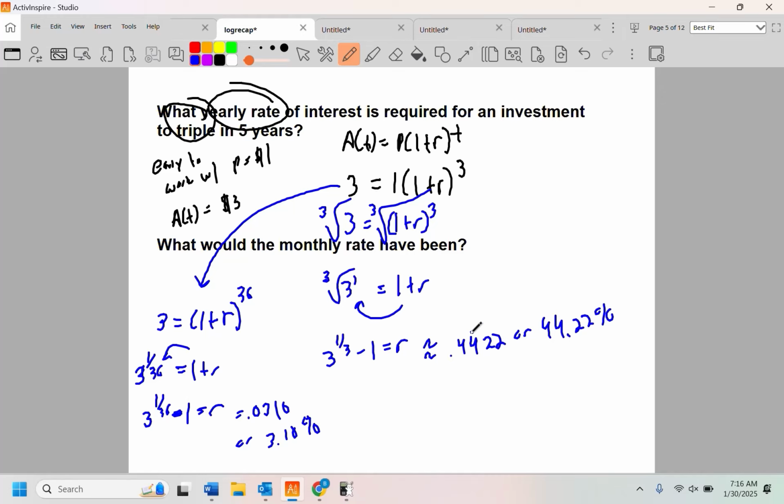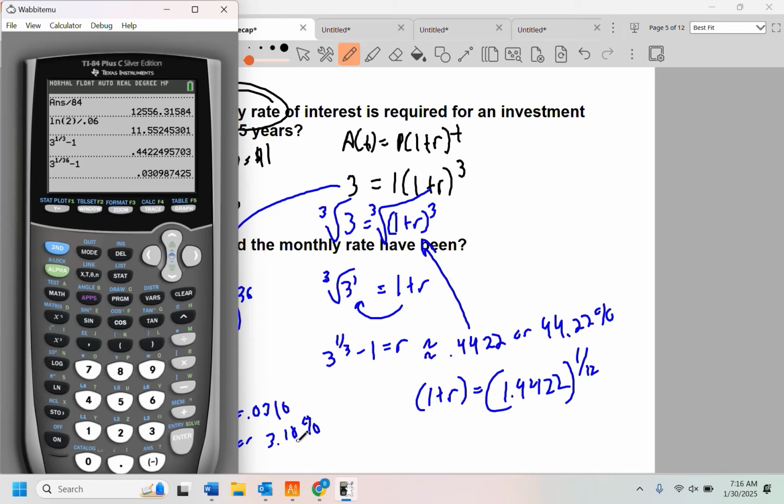Now another thing you can do, and it's actually a little bit harder this way, is you have to go back up to this. You have to think about what 1 plus r is. And 1 plus r is going to be 1.4422. And that was kind of our yearly growth factor. You take the 1/12th power of that because you're going from yearly growth factor to monthly growth factor.